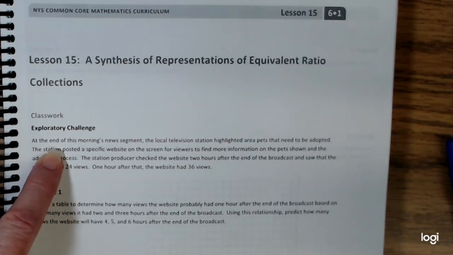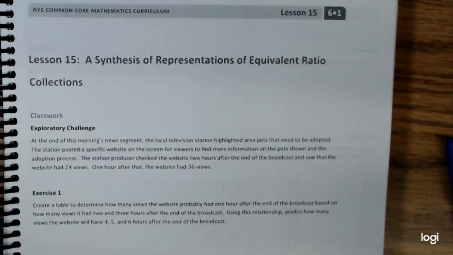It says at the end of this morning's news segment, the local television station highlighted area pets that need to be adopted. The station posted a specific website on the screen for viewers to find more information on the pets shown and the adoption process.